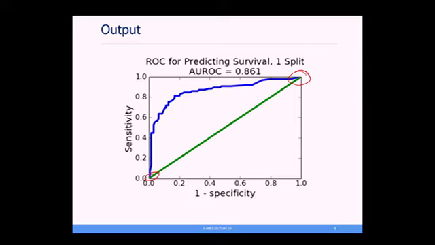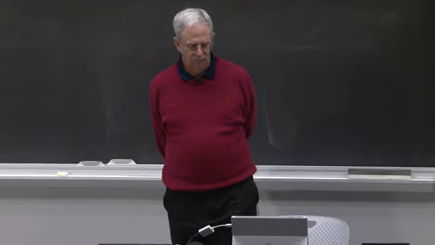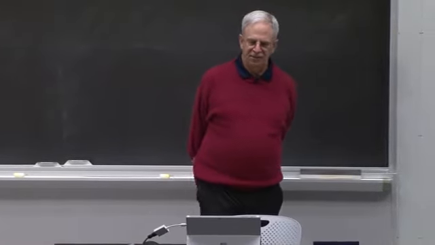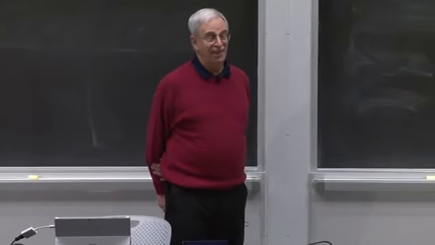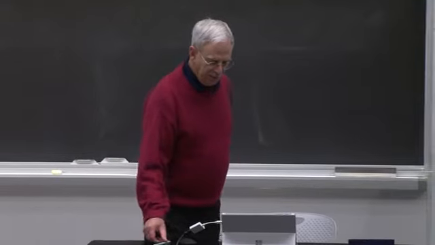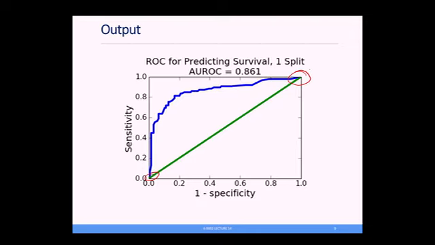So this end is saying what? Remember that my x-axis is not specificity, but 1 minus specificity, right? So what we see is this corner is highly sensitive and very unspecific.